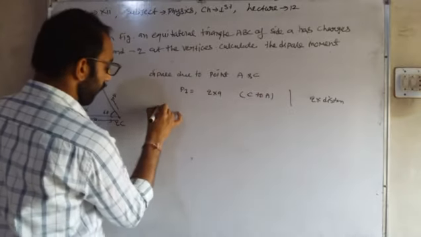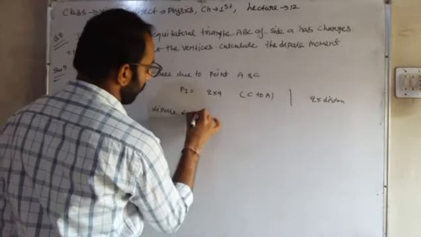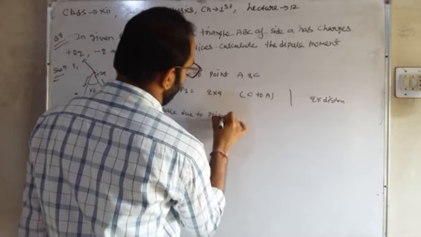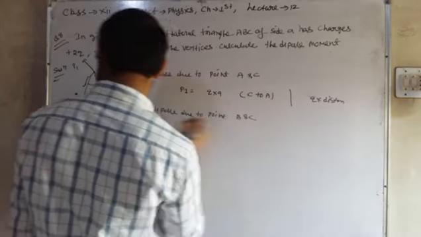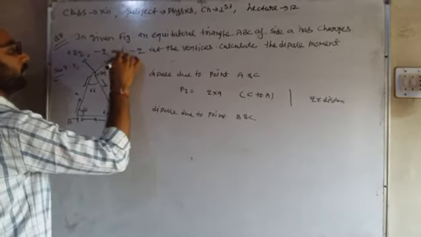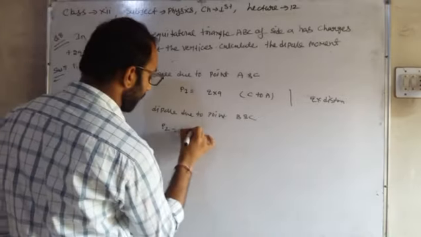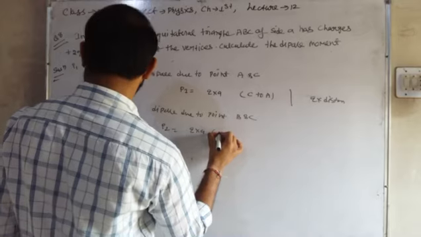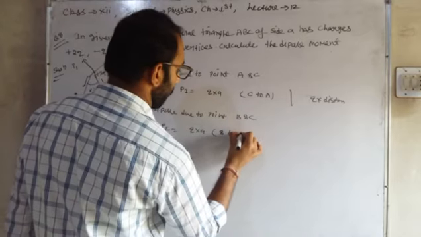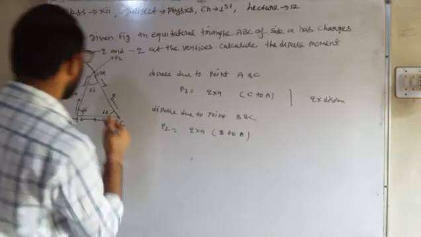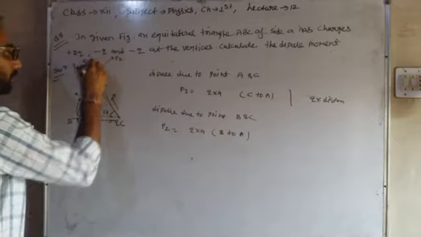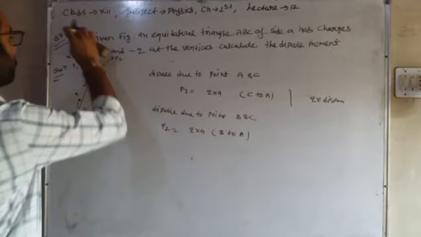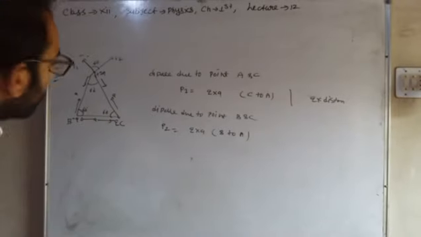Same as dipole due to points B and C, P2 is q multiplied by a. This one is 60 degree, correct or not? Use the component resolution method.